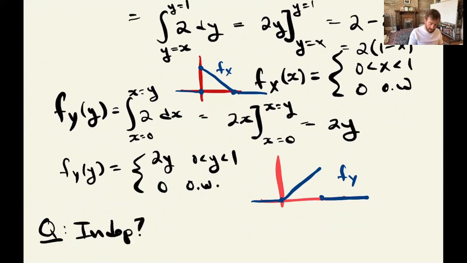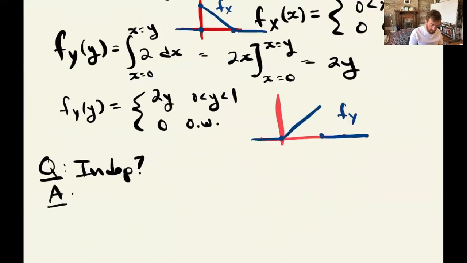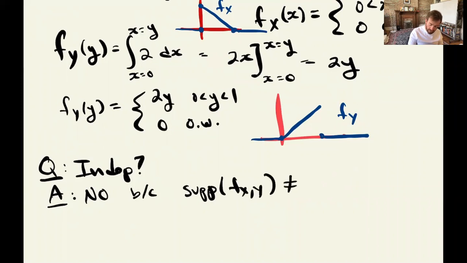Well, first of all, the answer is no. In part because the support of f of x, y, the JDF, is not equal to the support of f of x times the support of f of y.